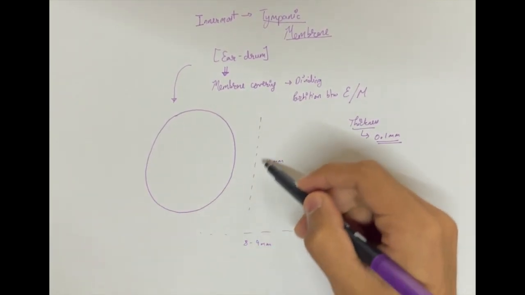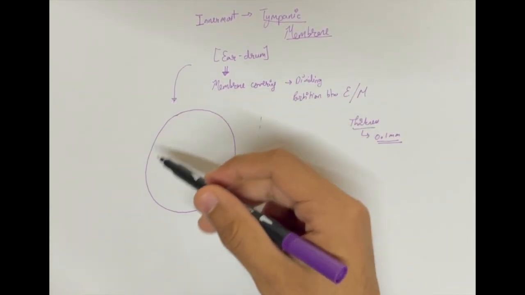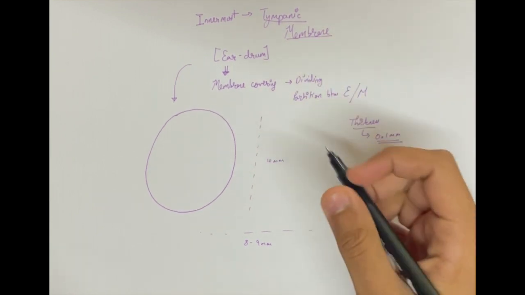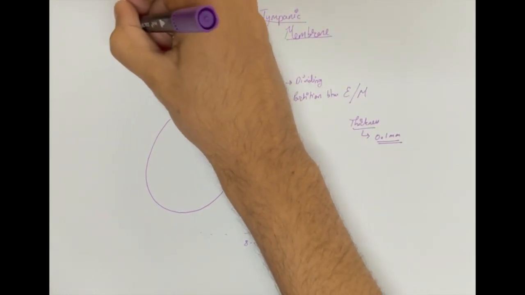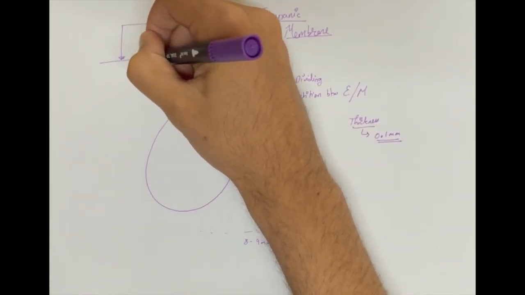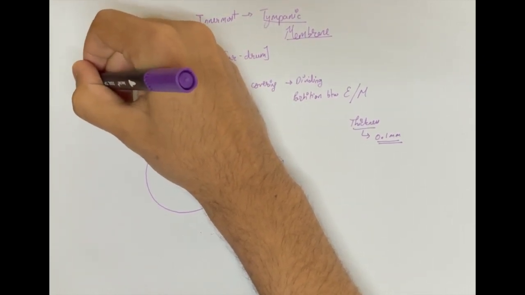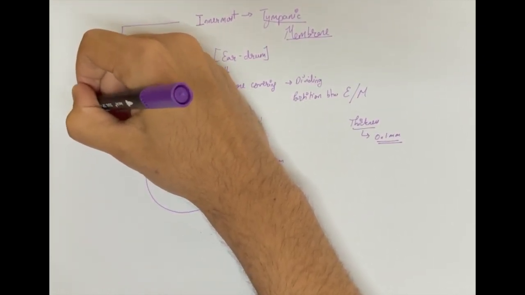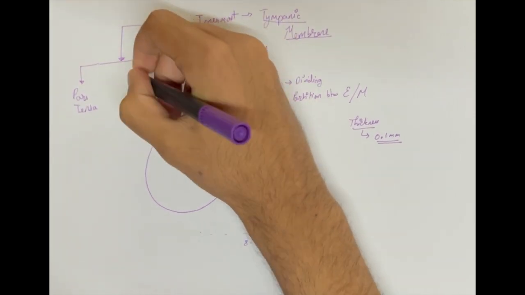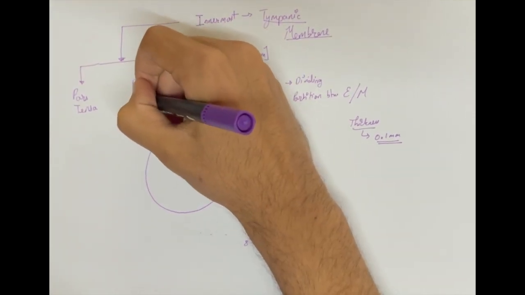But coming towards the structure of the tympanic membrane, which is round oval, we can divide it into two parts. The pars tensa, or the tense part, and the pars flaccida.